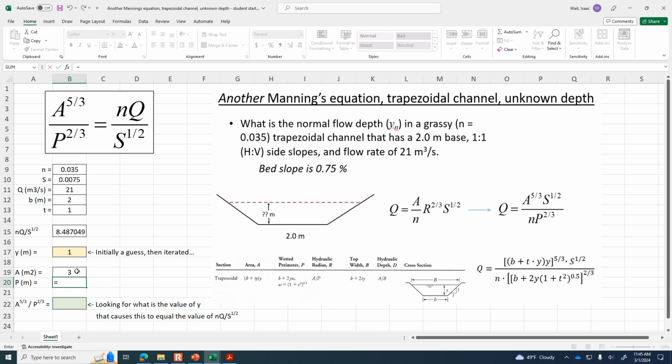So wetted perimeter is, okay, I'm going to embed the calculations for W in here. No, I don't want to do that. That'll make it complicated.